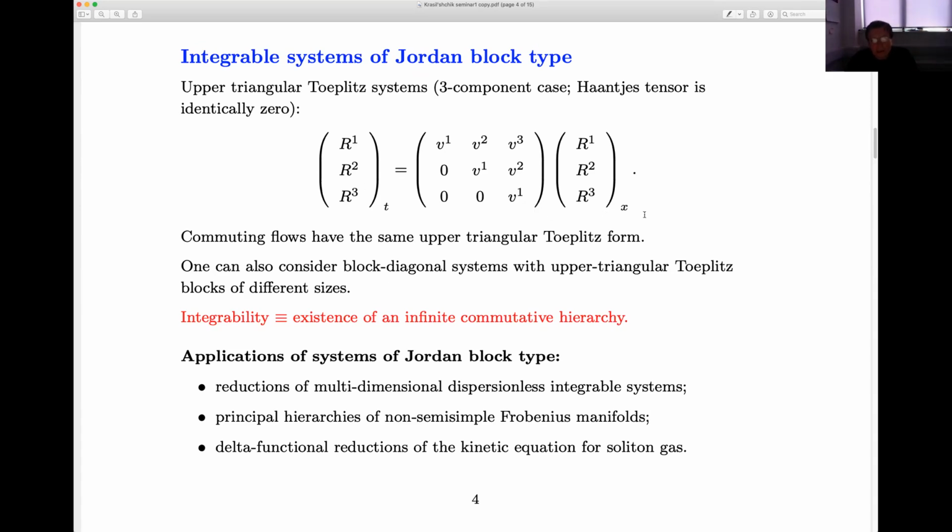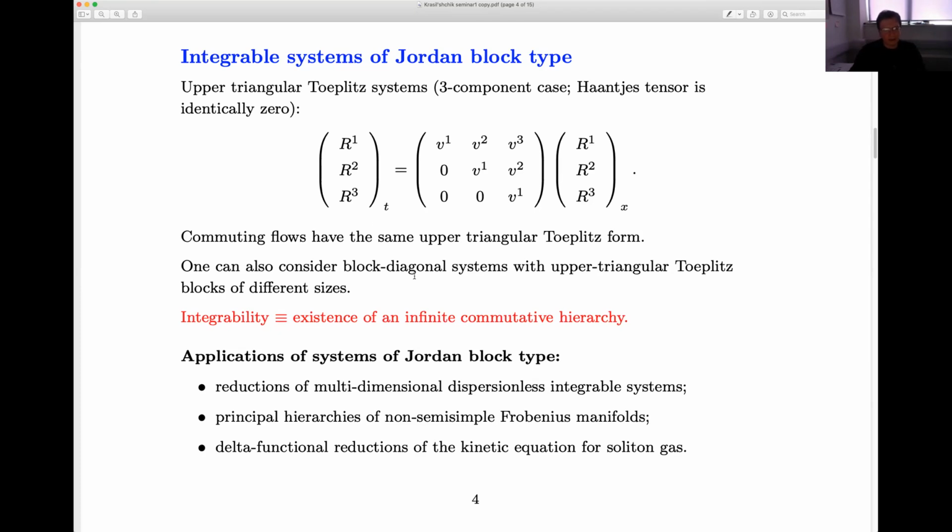Then systems of this type appear in the theory of Frobenius manifolds, non-semi-simple Frobenius manifolds, when the associative product is not semi-simple. Then the principal hierarchies of the corresponding Frobenius manifolds are of this type. There are some quite recent papers on such Frobenius manifolds by Paolo Lorenzoni and Sara Perletti.